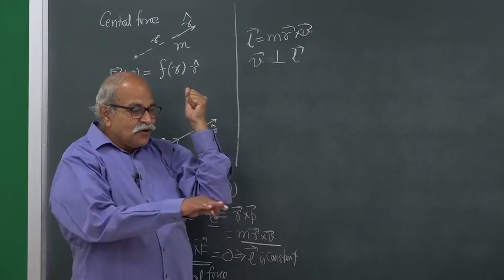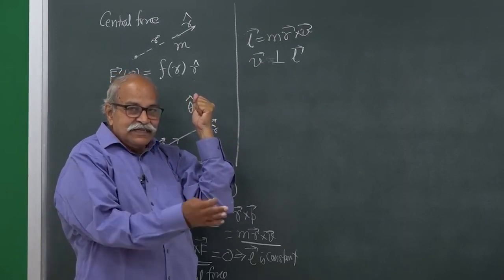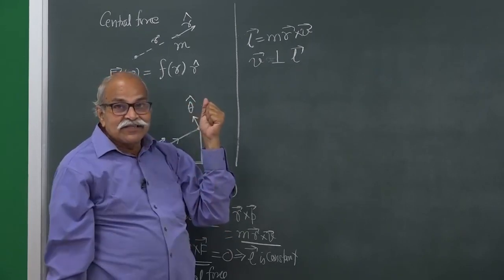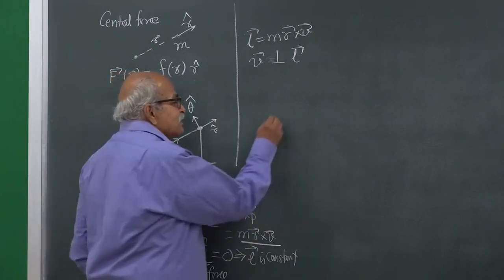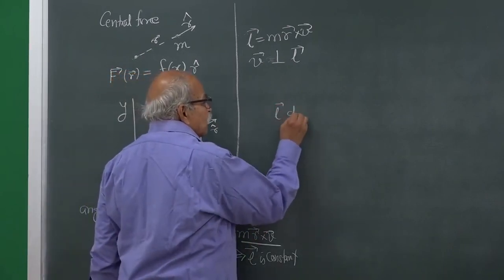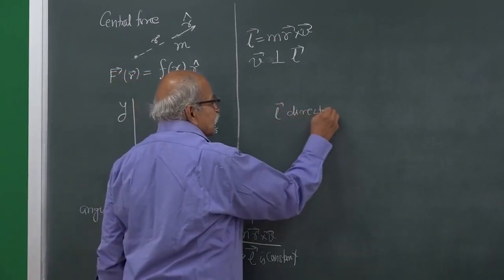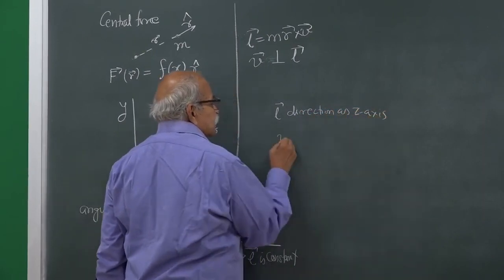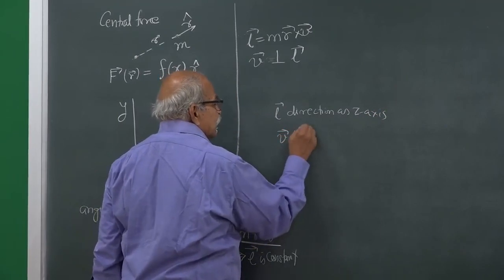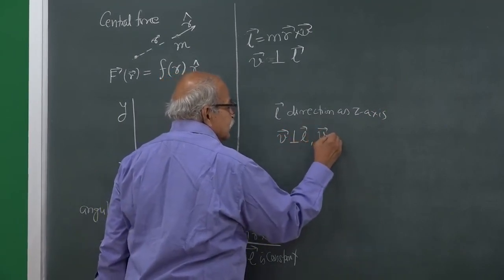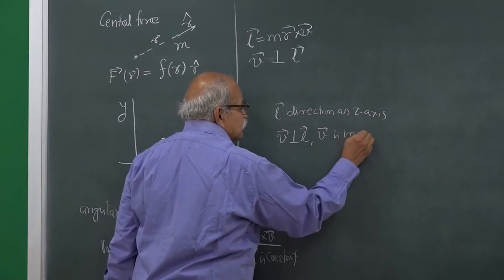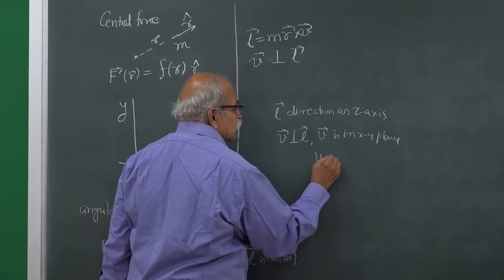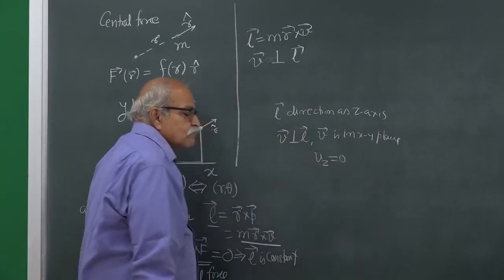So, the particle does not have any component of velocity along this L direction. If I call this L direction the z axis, v is always perpendicular to L, that means v is in the xy plane, that means Vz is 0, no component in z direction.